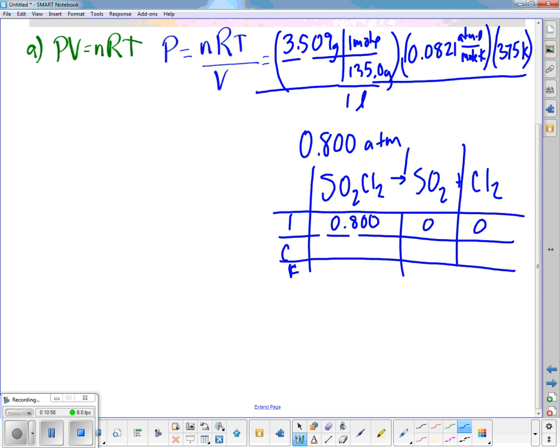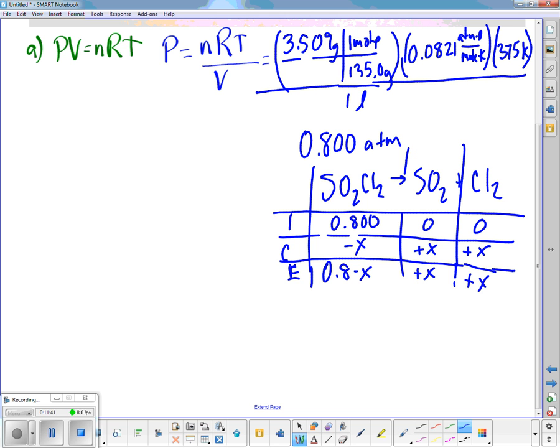So some of it is going to shift from over here and end up here and here, and since they all have ones, it's just minus x and plus x, plus x. Because this had some, this didn't have any, the left has got to shift to the right. I just don't know how much. For every 1 mole of this, I'm going to get 1 mole of this and 1 mole of this. So for my equilibrium, I'm going to have 0.8 minus x, plus x, and plus x.